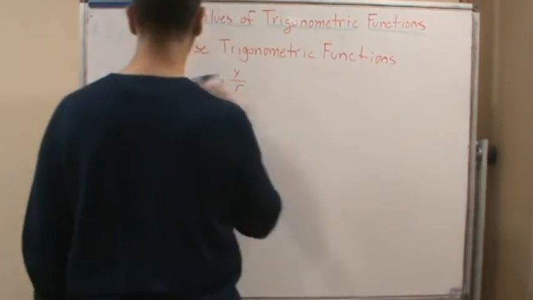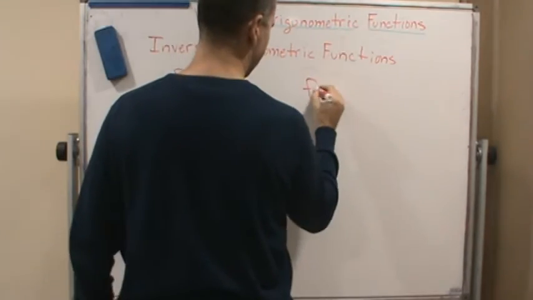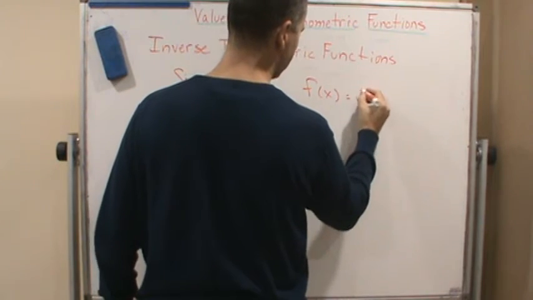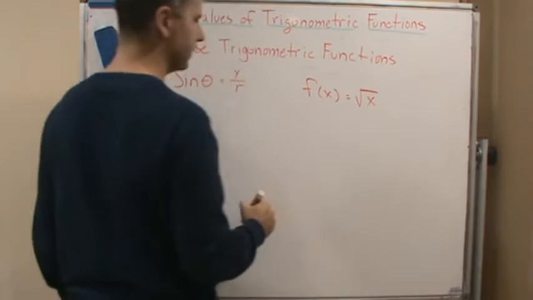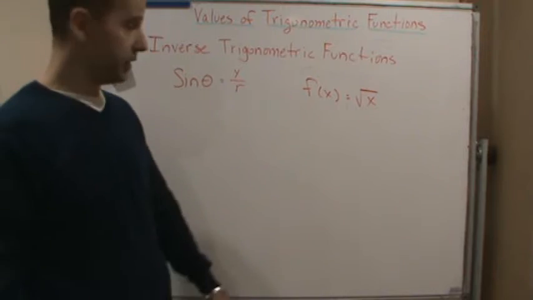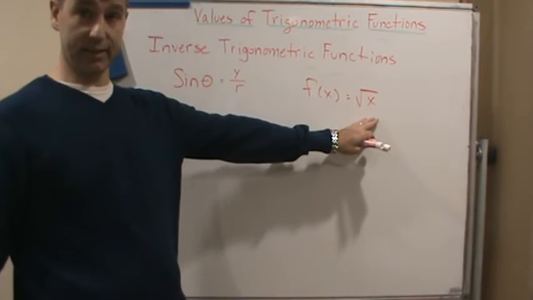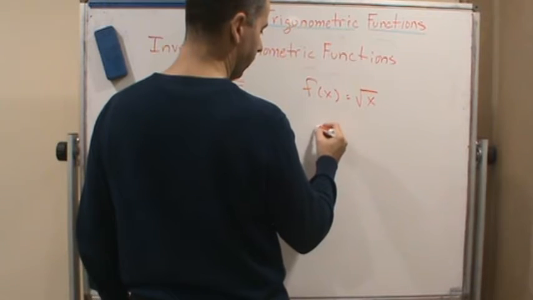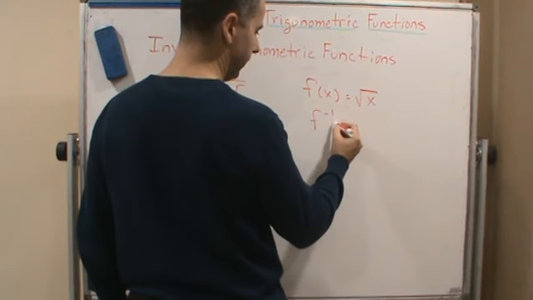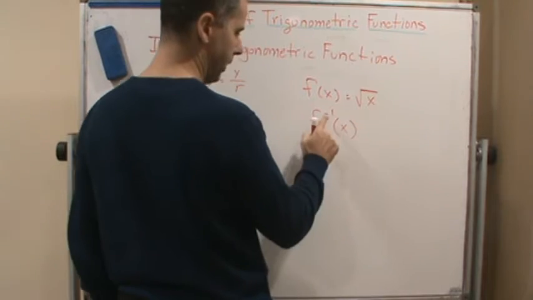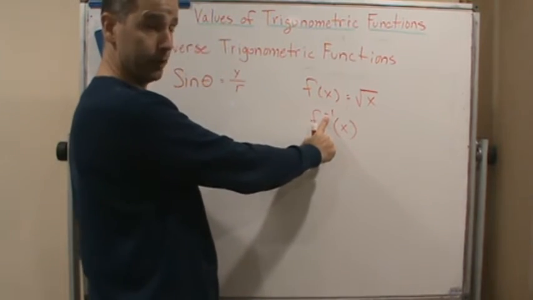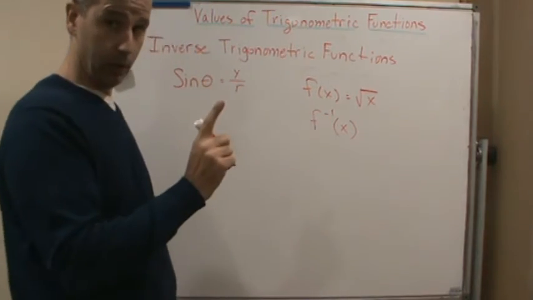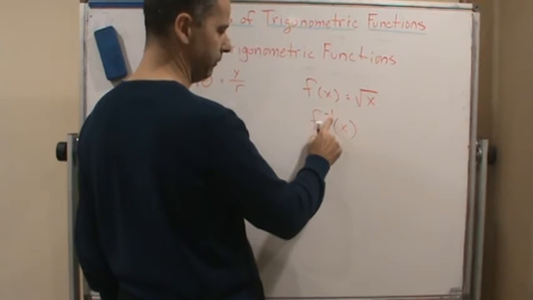For example, if I have f of x equal to the square root of x, the inverse function is the function that undoes this operation. The inverse of this function would be denoted f inverse, right? So the -1 power is not a power. It looks like a power, but this means an inverse.